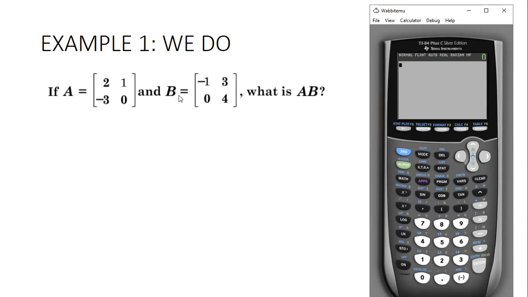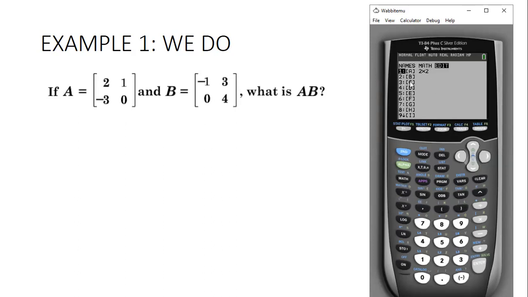I'm going to repeat the steps again so I can put in B. So we're going second, x to the -1. Notice that I now have my matrix A in, my 2 by 2. I'm going to arrow over. Press edit. Oh, sorry, I needed to not press edit. I'm going to arrow over.